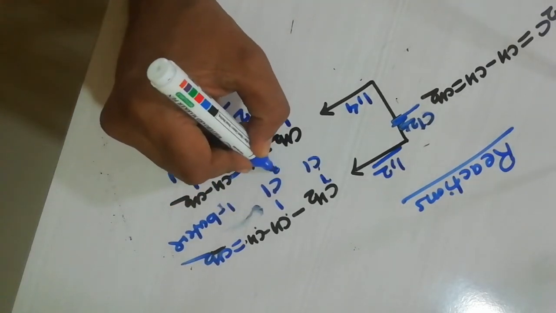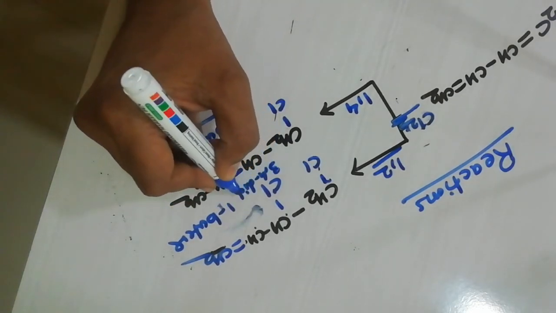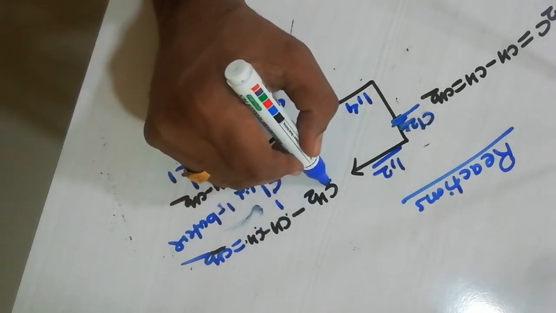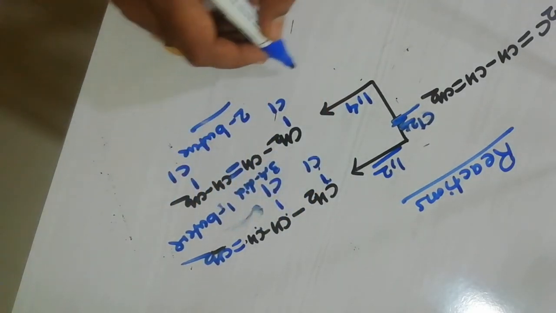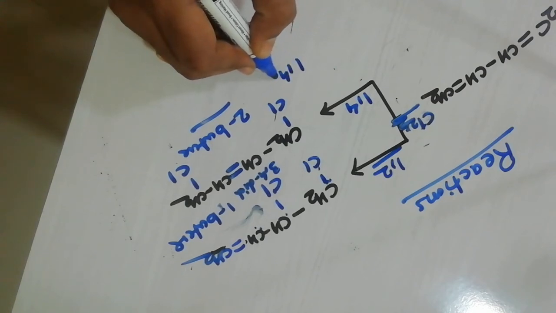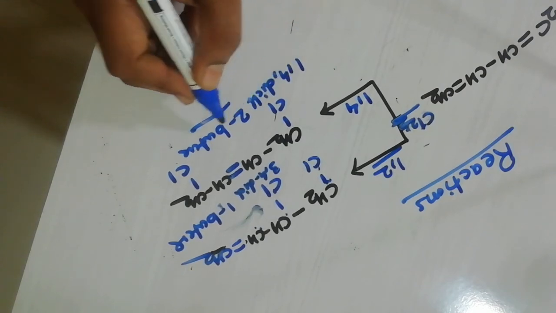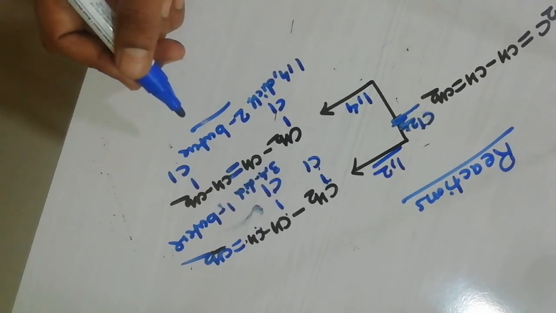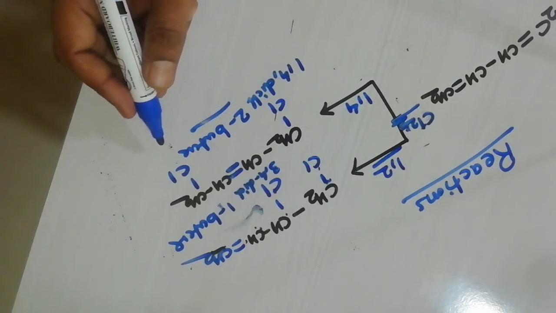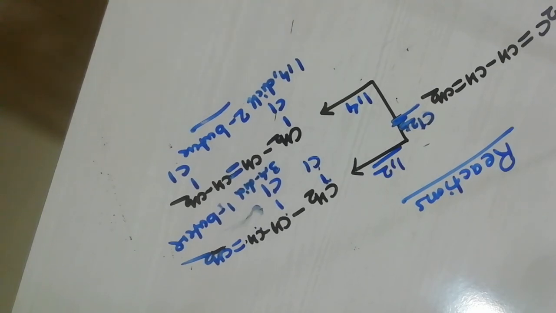So the name will be 3,4-dichloro, because 1, 2, 3 and 4. 3,4-dichloro-1-butene, and in this case you will get 1,4-dichloro-2-butene. This is how you will get the addition reaction shown by the butadiene.